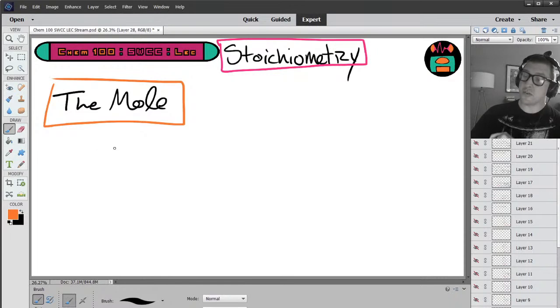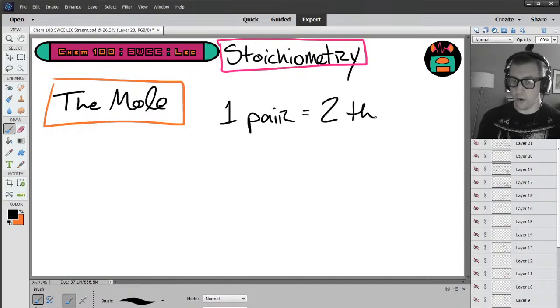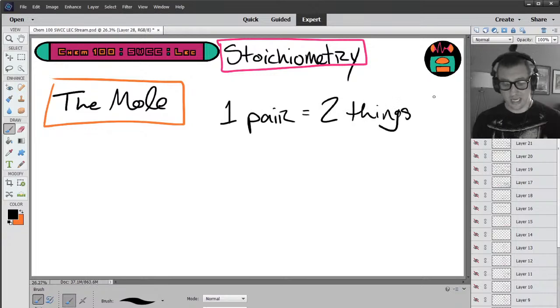A stoichiometric mole, a mole in stoichiometry, is similar to one pair. If I say I have a pair, how many things do I have? One pair is two things, right? You have a pair of shoes, you have two shoes.